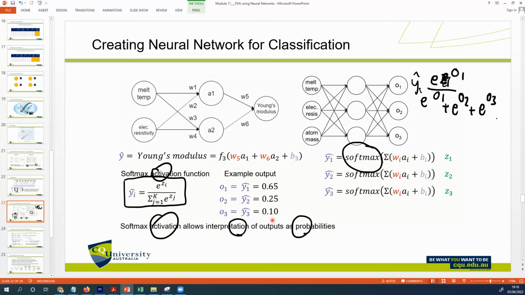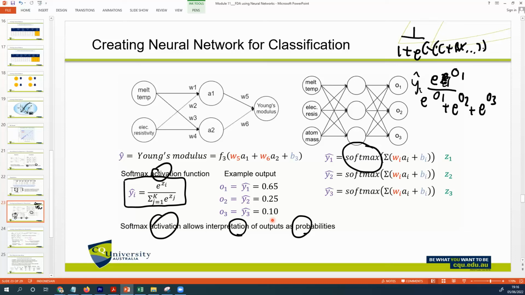Remember, in logistic regression, we learned 1 plus exponential of minus beta zero plus beta x and so on. So this one is like that.